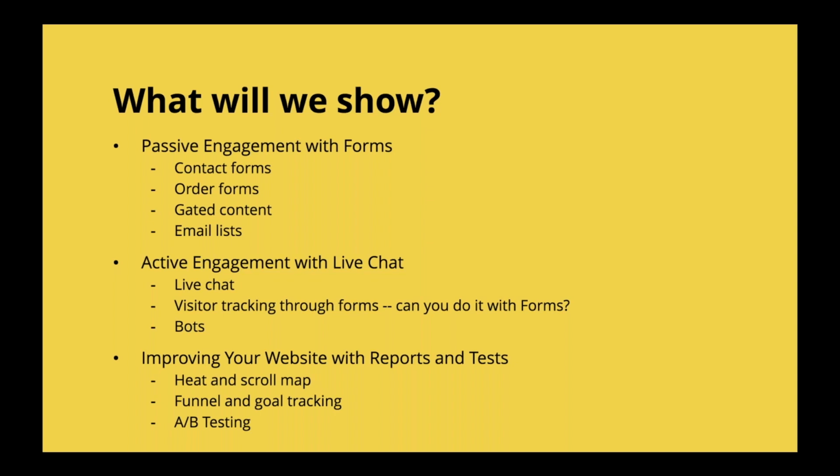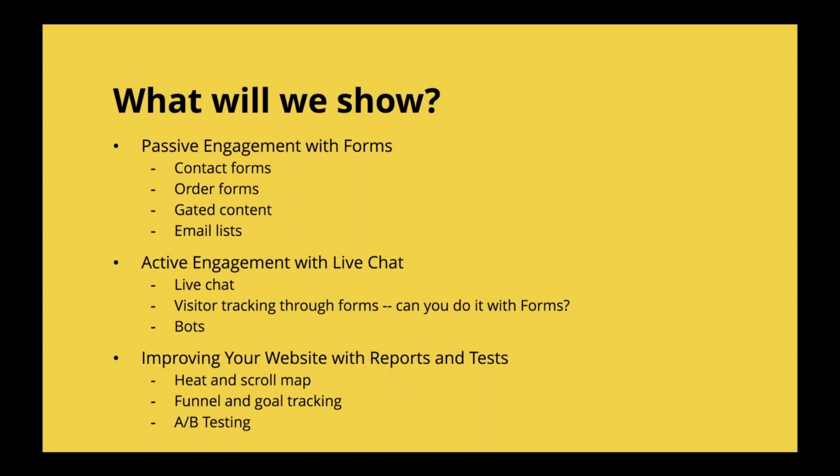And there's a whole bunch of different kinds of forms that Zoho can help you with, whether that's contact forms or kind of complex order forms or doing gated content or email lists, all sorts of stuff. We'll talk about that. How do you engage actively with someone on the website? We have a live chat tool that allows you to talk to your website visitors and actually see how they're moving around your website and some other cool stuff.